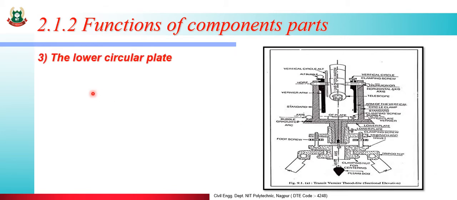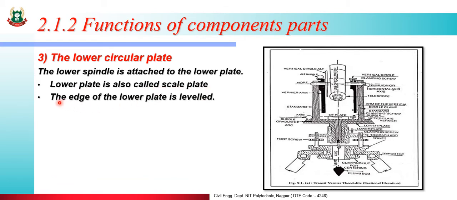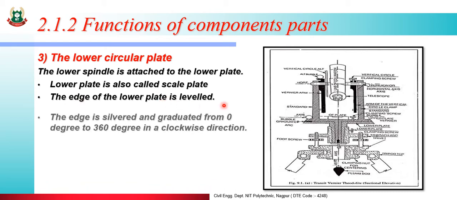Then the lower circular plate. This is a lower circular plate. The lower spindle is attached to the lower plate. The lower plate is also called scale plate. The edge of the lower plate is beveled.